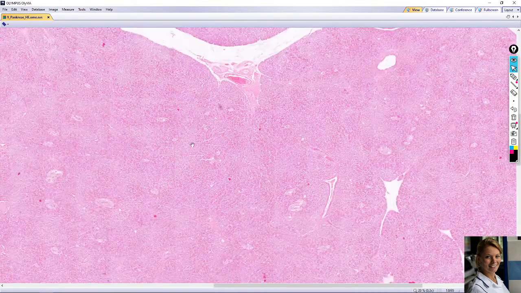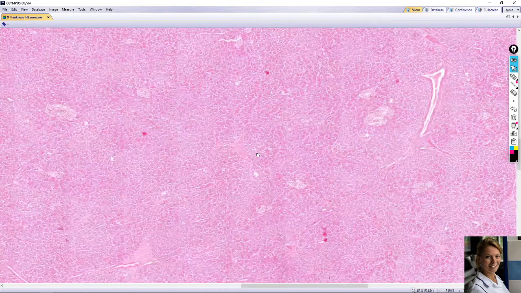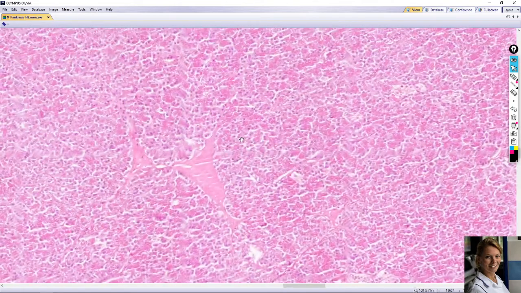For example, here you can see the structure of the serous acini. The serous acini contain 6 to 10 serous cells.